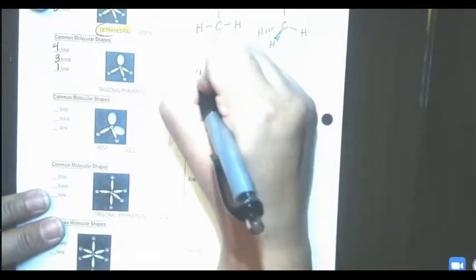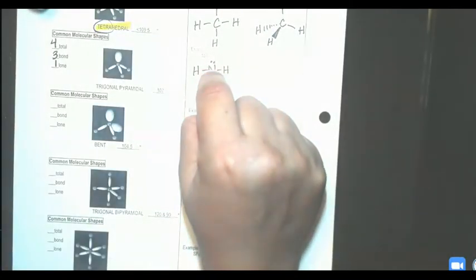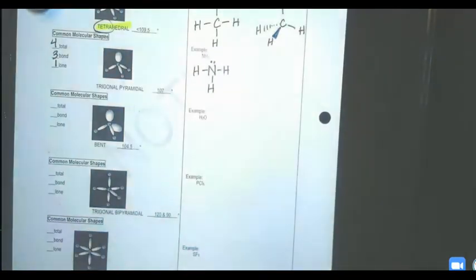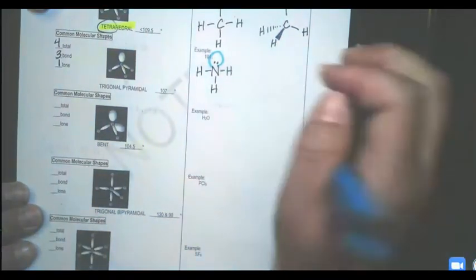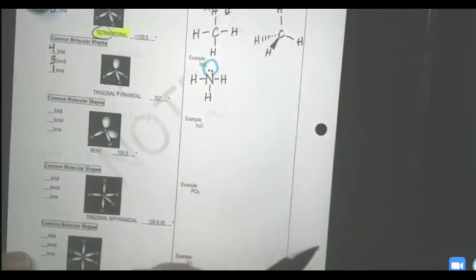We used to draw it like this, and I said that it didn't matter, right? But it does matter, because remember, we care about what the shape looks like around the central atom, the middle one. So anytime I have a lone pair on the central atom, it's going to push the bonded pairs in together. So it doesn't look like a T. I cannot draw it like that.